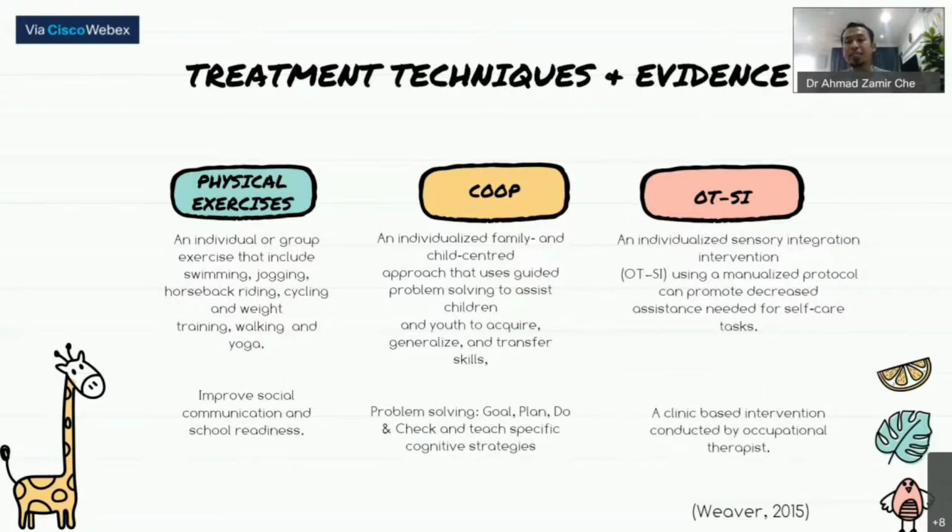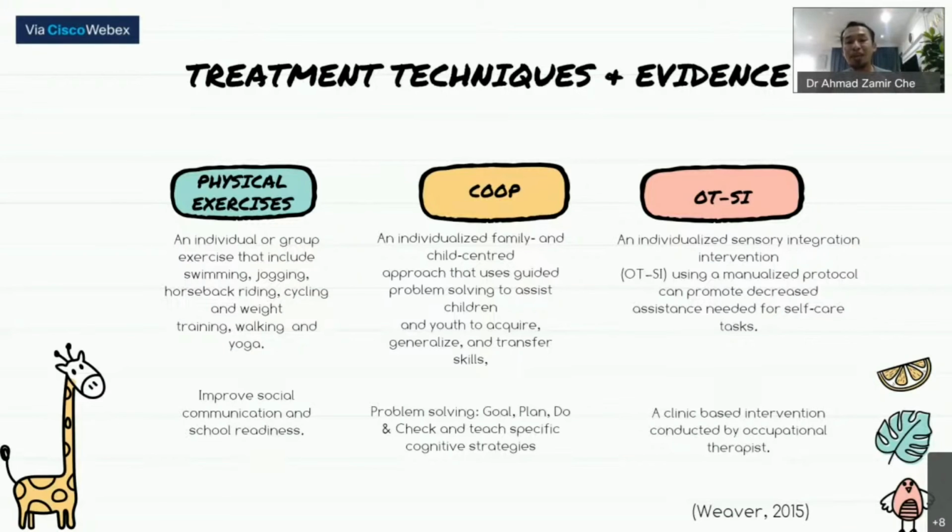Let's say that the child chooses to be independent in toothbrushing, so the goal is of course toothbrushing, and then the plan is how the child plans to perform the activity, and the child then needs to do it, and check whether he or she is able to do it.